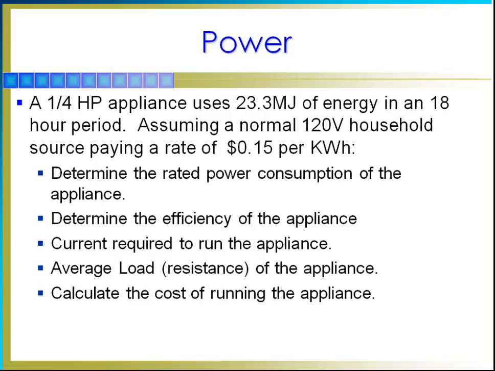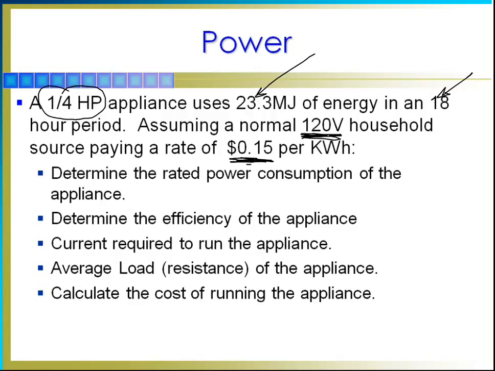It's got a motor in it. That motor is a quarter horsepower motor. And it uses 23.3 megajoules of energy in some period, in this case 18 hours. Now we're going to assume that this is an American appliance, so it's working off approximately 120 volts household voltage. And that household is paying the minimum California tier of 15 cents per kilowatt hour.